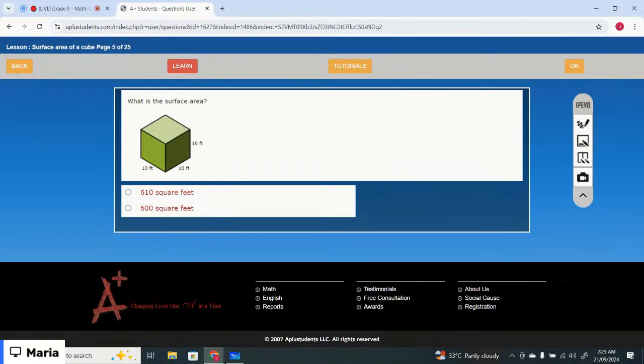The next one is, what is the surface area? So which is the correct option? The correct option is 600 square feet.